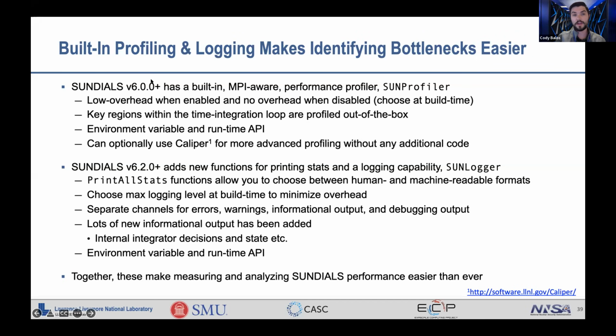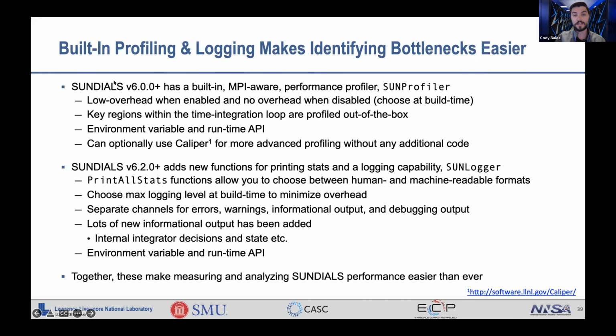It has low overhead when enabled, and no overhead when disabled. You can choose at build time if you want to enable it or not. Key regions within the time integration loop are profiled out of the box if you enable this. And there's an environment variable and runtime API that you can use to control output.